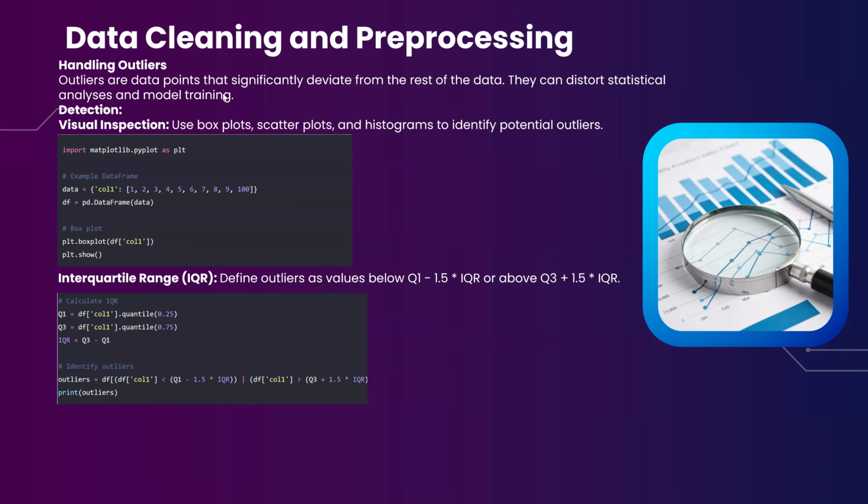In this example, the data set has a dictionary with a column and its values. We have 1, 2, 3 up to 9, and then instead of 10 or something, it jumps to 100. You see, 100 is way, way above.